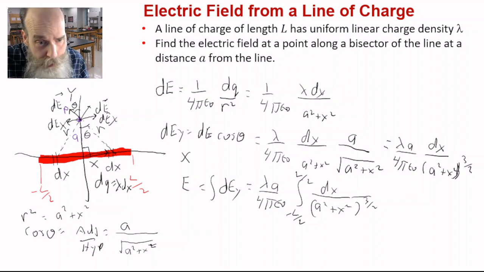Now I'm going to change these limits of integration. I'm just going to go from 0 to L over 2. I'll just do half of it and multiply by 2. So let me write it like this.